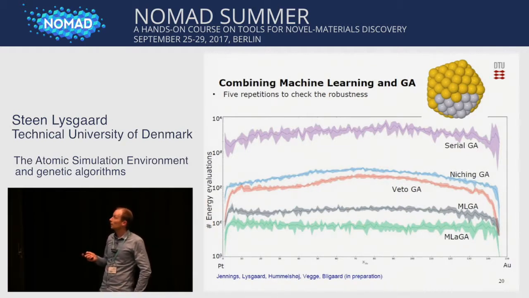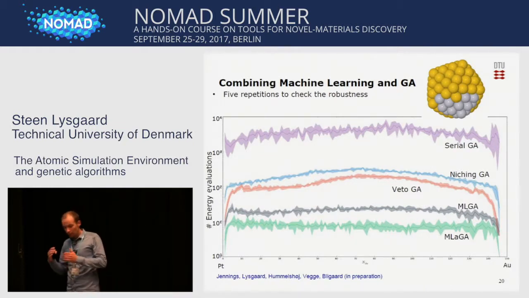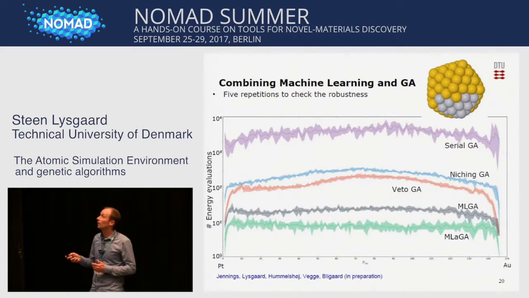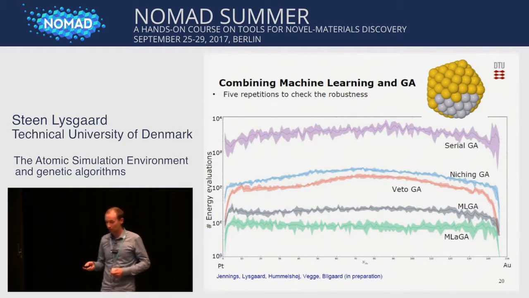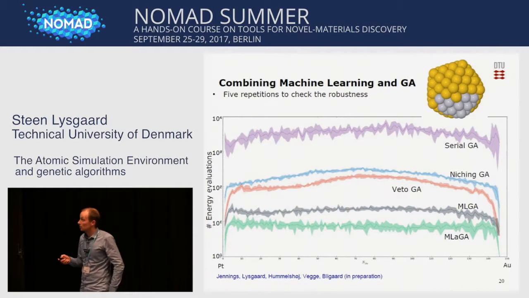And if you use a genetic algorithm with an operator that's basically another genetic algorithm that has the machine learning part as the energy evaluation, and then you run this just by letting the machine evaluate energy, and then come up with new structures for the GA, you're able to get down to much less than 10 energy evaluations per composition.